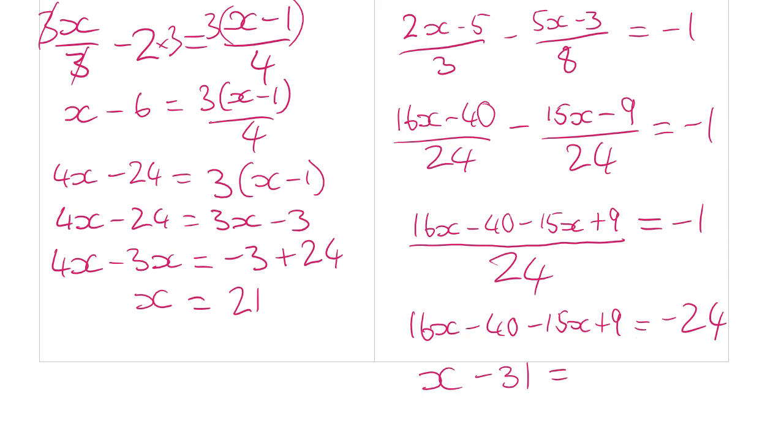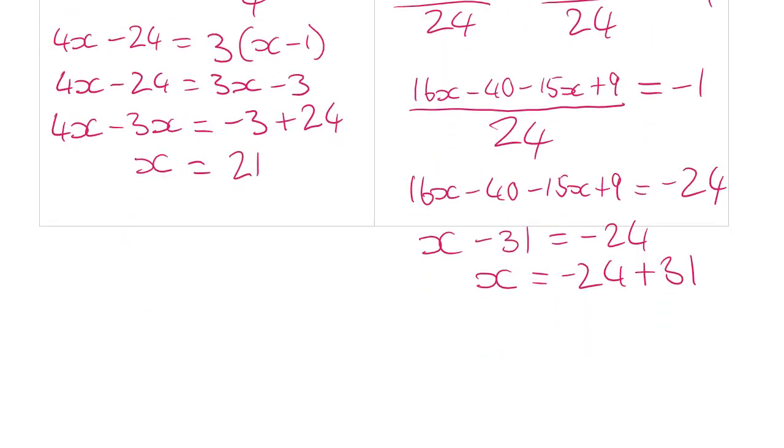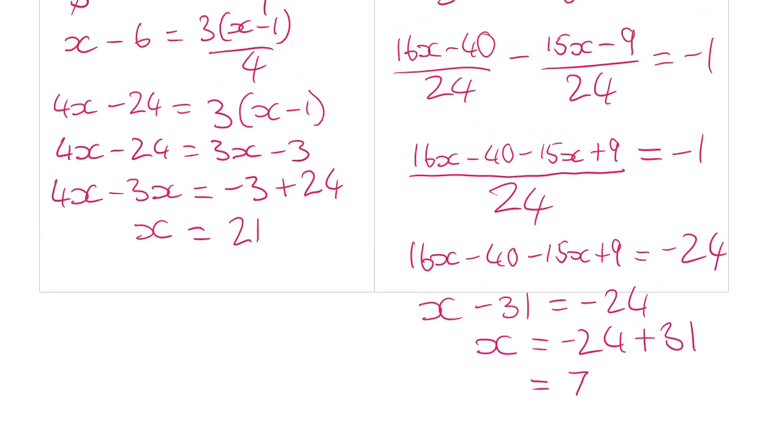And that is equal to negative 24. When I move the negative 31 to the other side, I'm going to get equals negative 24 plus 31, because it was negative here. When it goes to the other side, it becomes positive. And that, of course, means that that is then equal to negative 31 plus 24, which is negative 7.